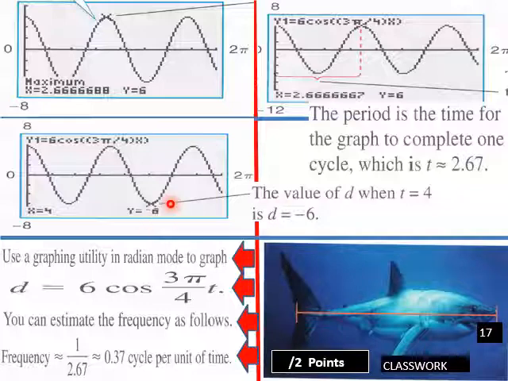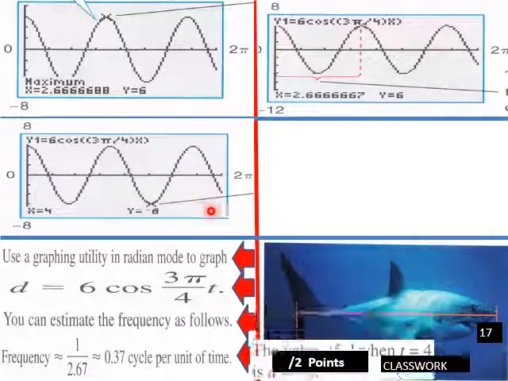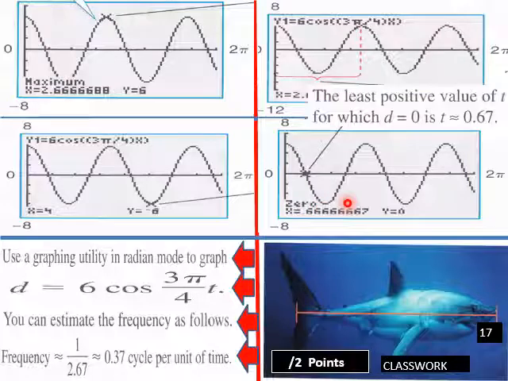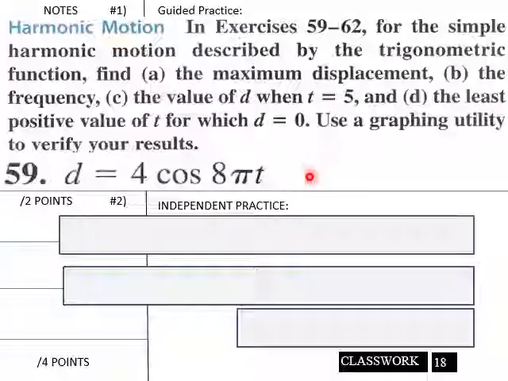That would be the position of the object. Then over here, the least positive value of t for which d equals 0 would be t equals 0.67 or 2/3. So that's where we got that graphically, and we did that trigonometrically earlier.